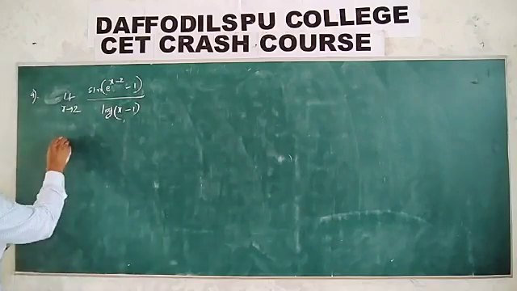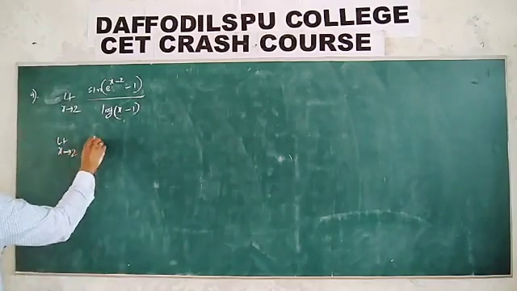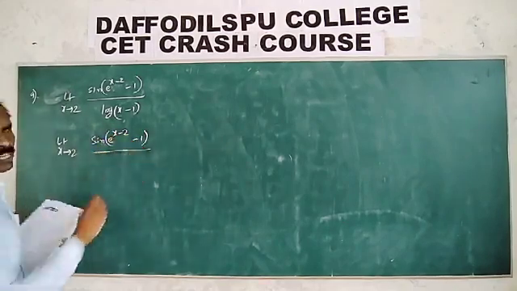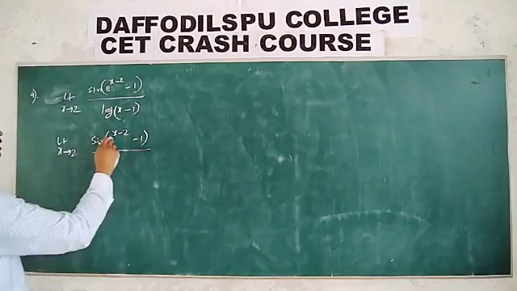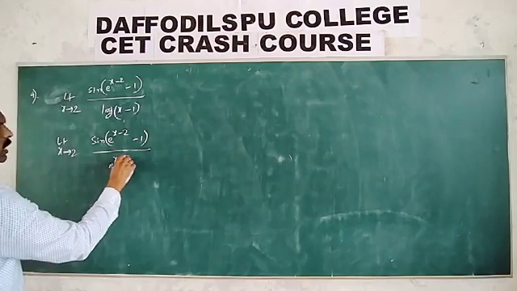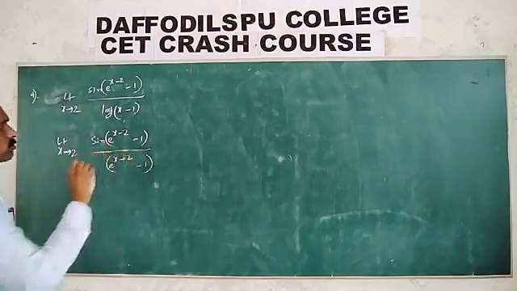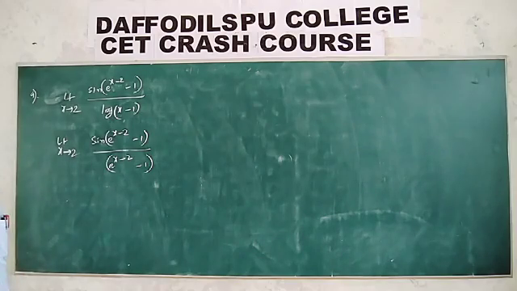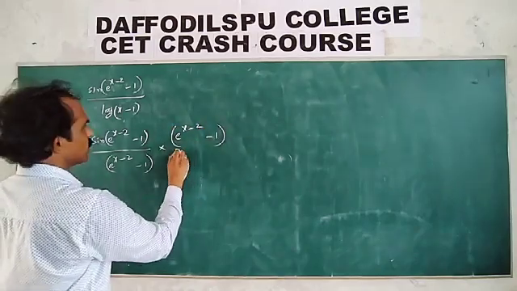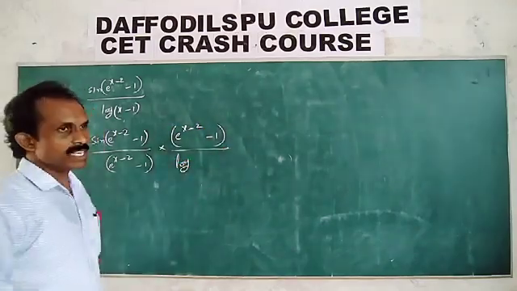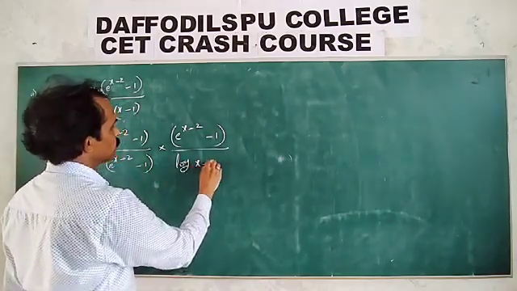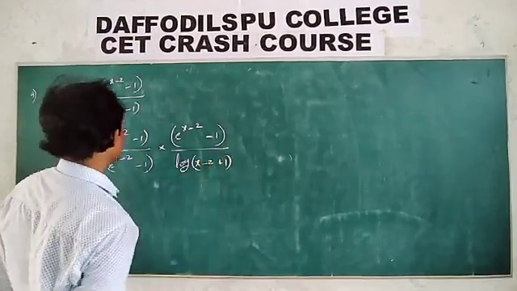Therefore, limit x tends to 2 of sin(e power x minus 2 minus 1) by (e power x minus 2 minus 1), sin x by x, means that value is 1. So multiply and divide by e power x minus 2 minus 1, divided by x minus 1, which can be written as x minus 2 plus 1.